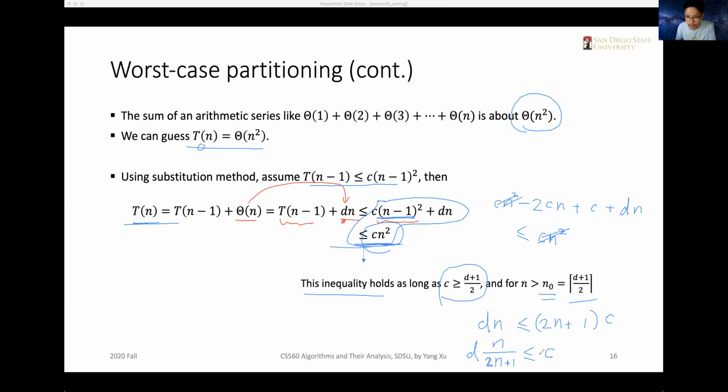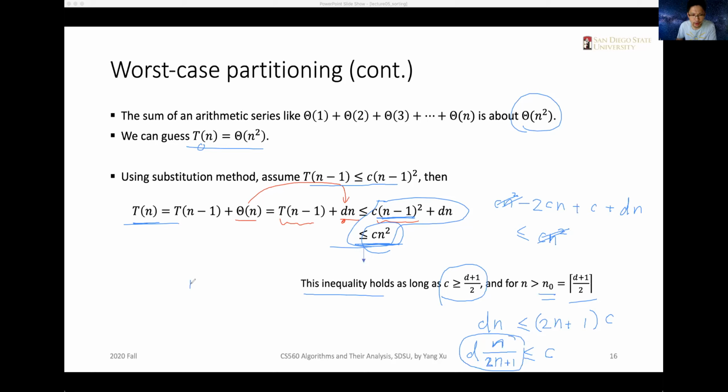So now we just need to make sure that c is greater than this quantity. Let's see what we can do now. This quantity has an upper bound.